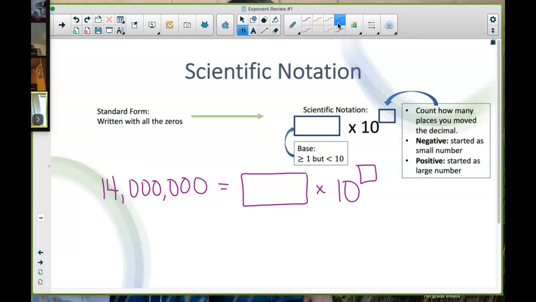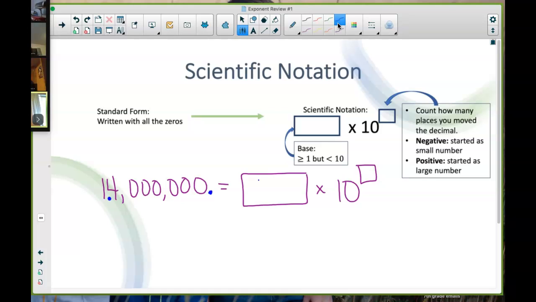So this is where the decimal is currently at the end and I need to move it. Where should I put that decimal? Somebody said after the 1. Absolutely. We would put it right there.